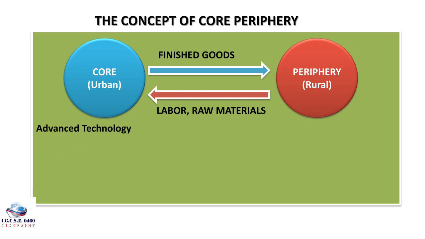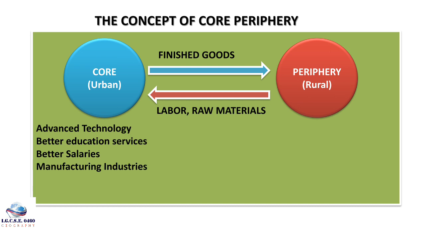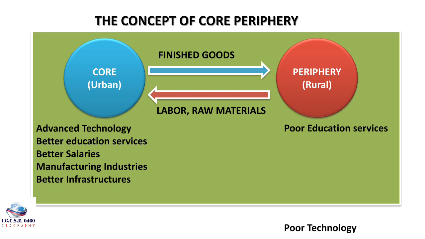Core regions have advancement in technology, and they also have better education services, meaning that the majority of the people there are educated. They also have better salaries, which are earned from manufacturing industries, and then better infrastructures. On the other hand, peripheral areas have poor education services, meaning that the majority of the people may not have attained high levels of education.